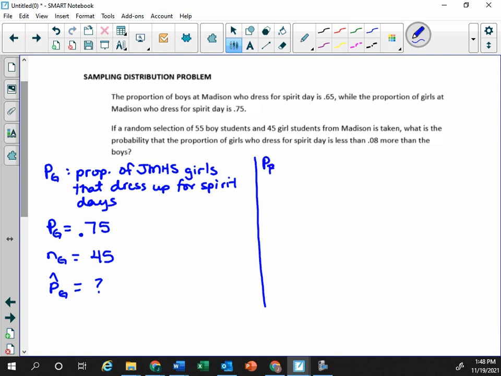All right, let's go through that same stuff for our other population. What's our other group? Okay, so the proportion of JMHS boys that dress up for Spirit Days.